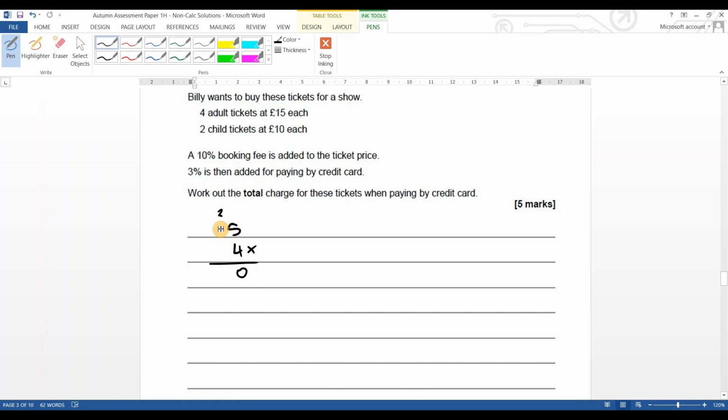Carry the 2, that's going to be 4, plus the 2 gives you 6, that's going to be £60 for the adult tickets. Okay. Then we've got 2 times 10 for the child tickets. Okay. 10%, so, okay. Right.